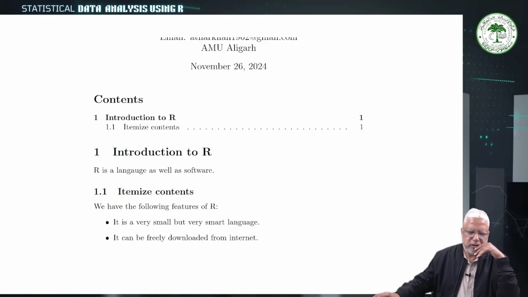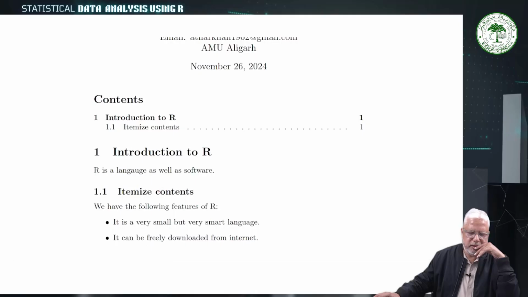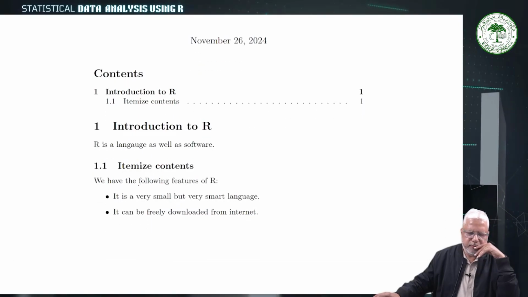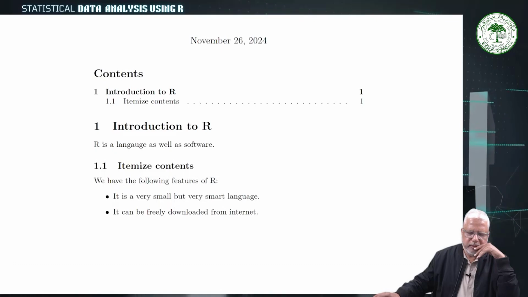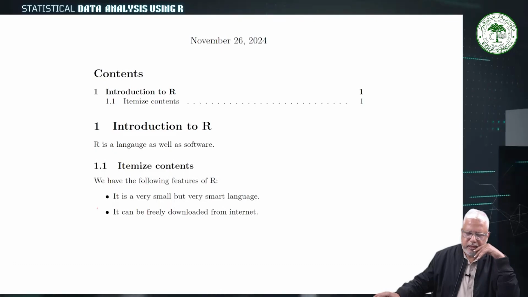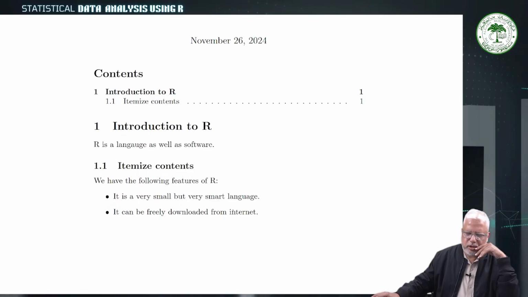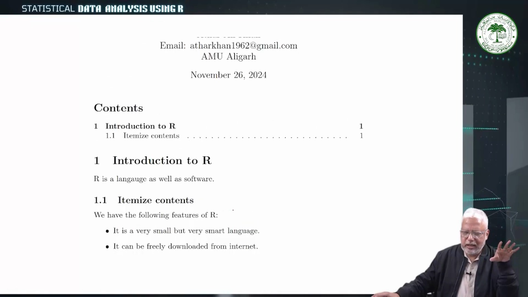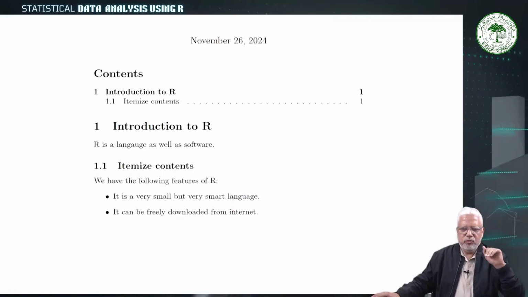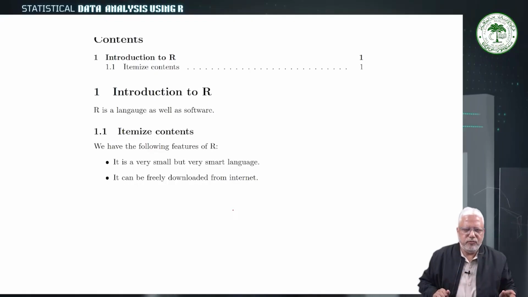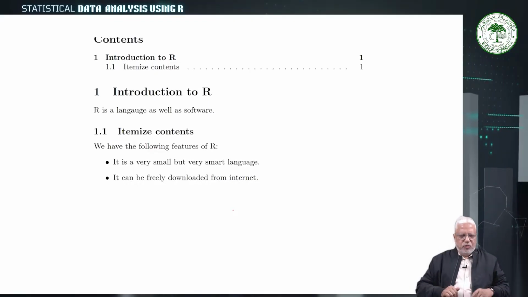This is the main heading, this is the subheading, this is the main section, and this is the subsection. And we have the following features of R, and that is, it is a very small but very smart language. It can be freely downloaded from internet. So this way we are adding in the document. Now in my next lecture, I shall continue on documentation with LaTeX.